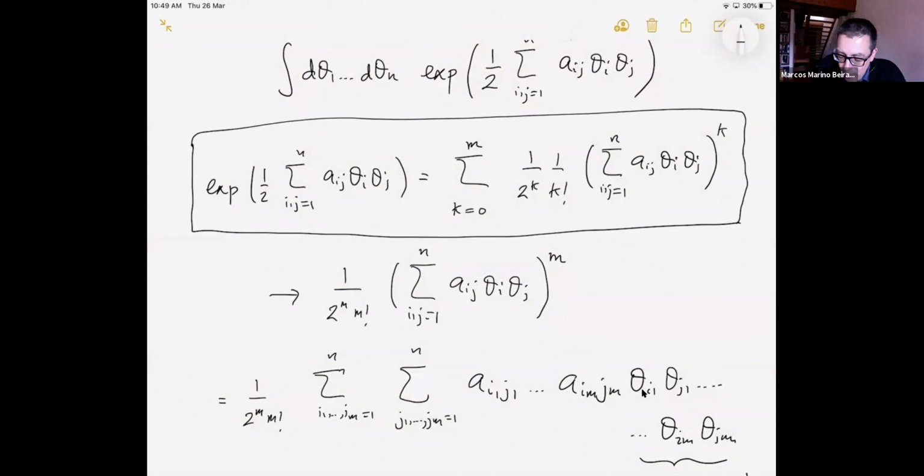But the number of thetas that appear here is always even, because it's always an even number of thetas to some power. So there are always 2k variables here. But if n is not even, there will never be a term in the expansion of the exponential which gives you the maximal number of thetas, because the maximum number of thetas is odd, and the terms that you get from here are always even. So if n is not even, Gaussian integrals of this type are trivially 0.